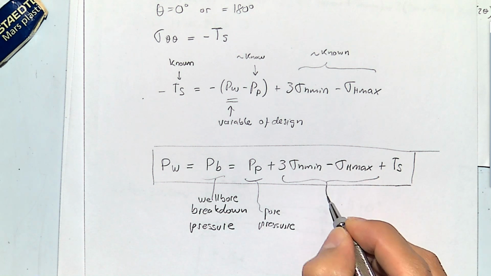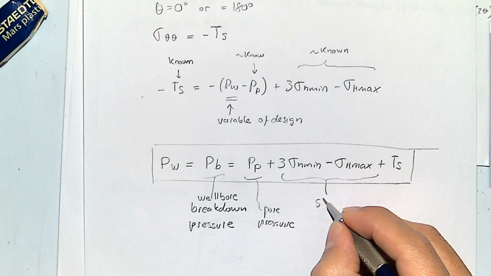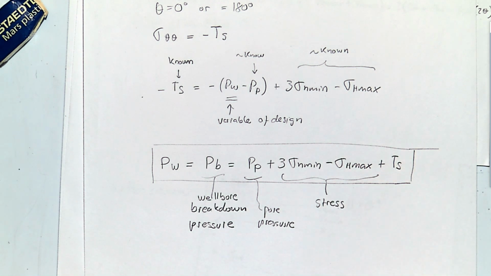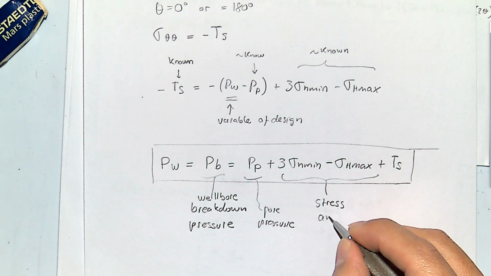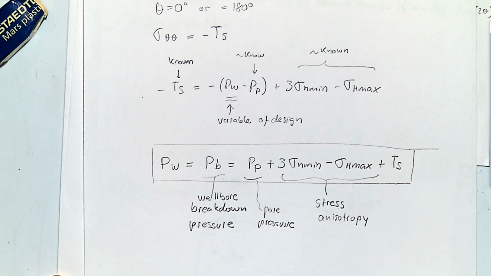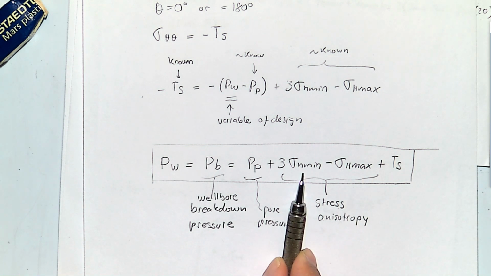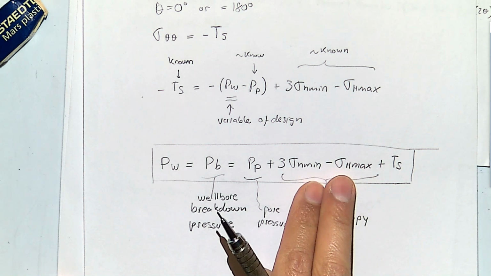Second, that breakdown pressure is going to be the lowest when there is a lot of stress anisotropy around the wellbore. That means when sigma H max is significantly higher than sigma H mean, then this difference is going to get smaller.